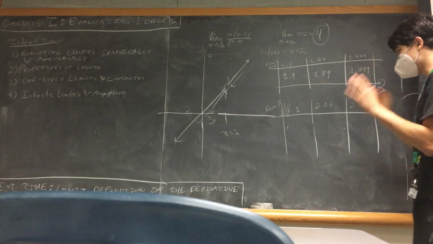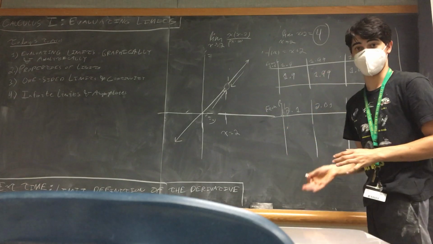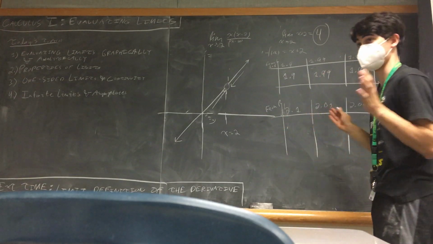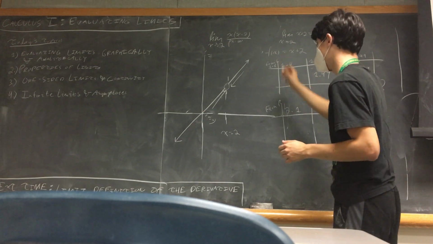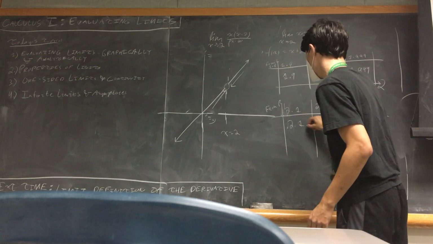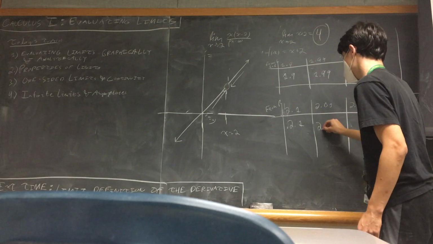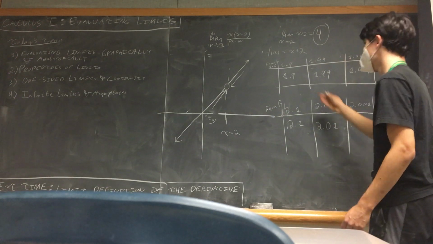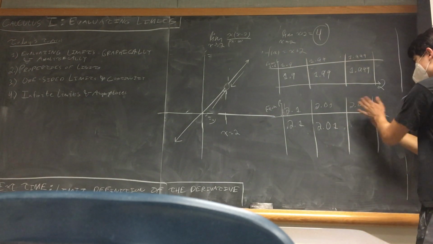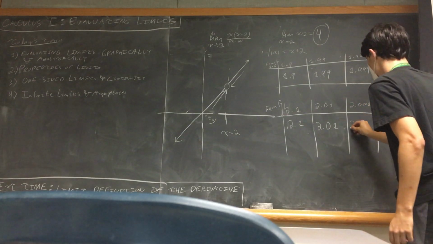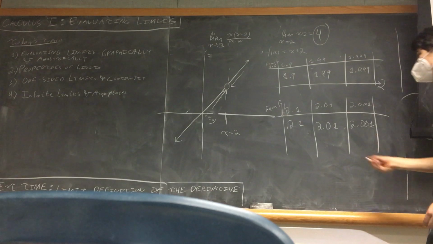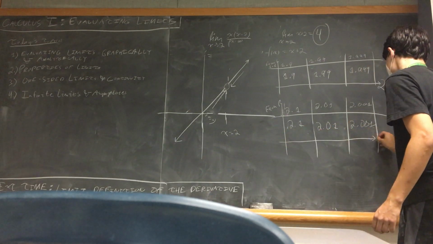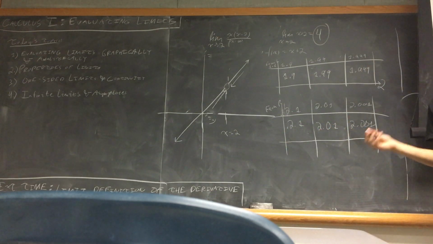Now, we also need to see what it's approaching from the right side in order to determine whether or not the limit does exist. So from the right side, we plug in 2.1, we get 2.1. We plug in 2.01, get 2.01, and if we plug in 2.001, we get 2.001, and it looks like from the right side, we are also clearly approaching 2.